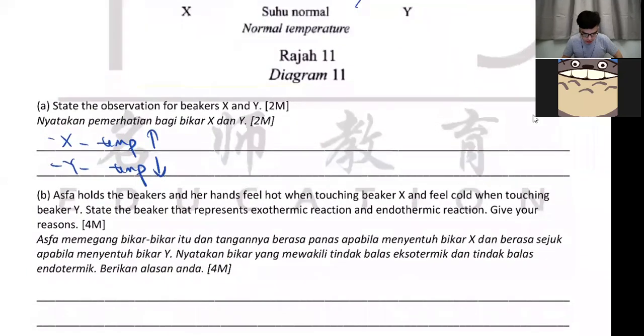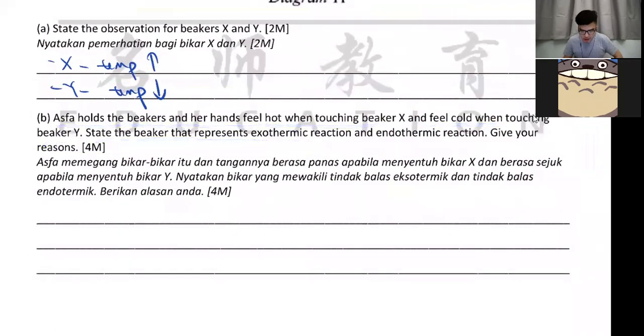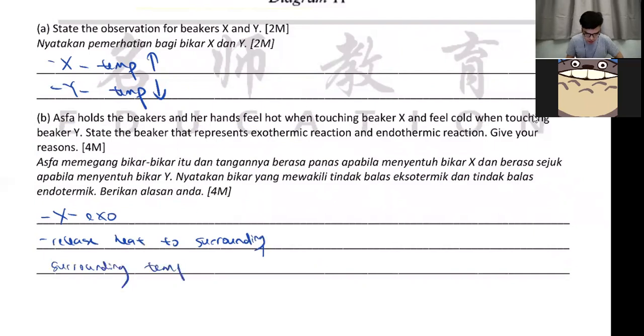Okay, so next B, Aswa holds the beaker and her hands feel hot when touching beaker X and feel cold when touching beaker Y. State the beaker that represents exothermic. Okay, give reason. But it is so easy. Okay, X is exo lah. Because it release heat to surrounding. Okay, surrounding temperature increase.